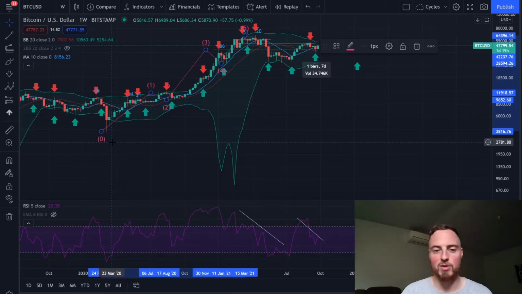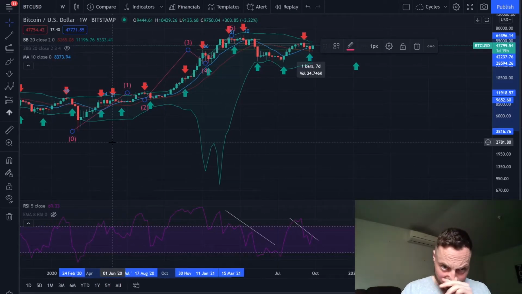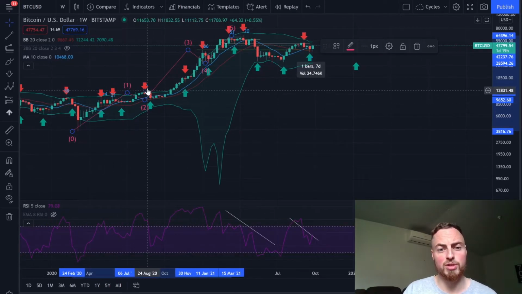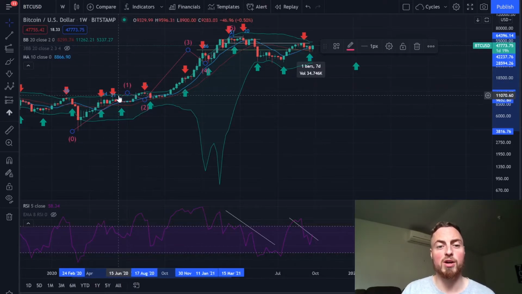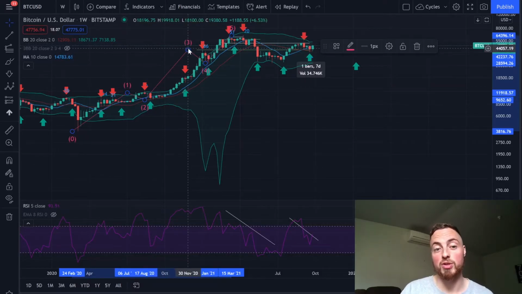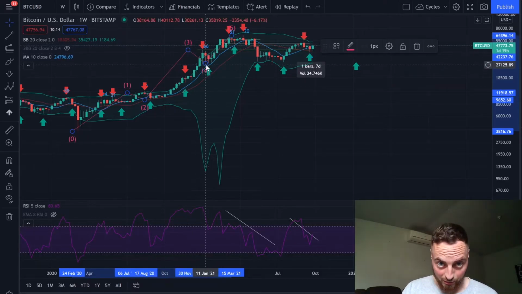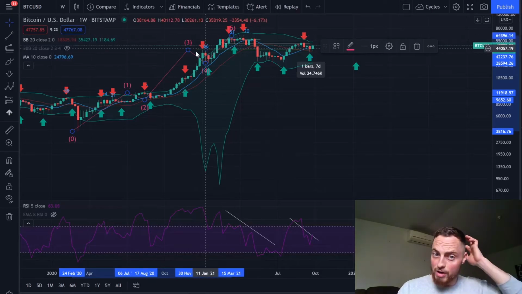And again, cycles analysis is a bit subjective. It's what you think happened. So let's just humour this. So we have first impulsive wave, wave 1, the corrective wave 2, wave 3, which is often the most impulsive, wave 4, the corrective wave, and wave 5, right?